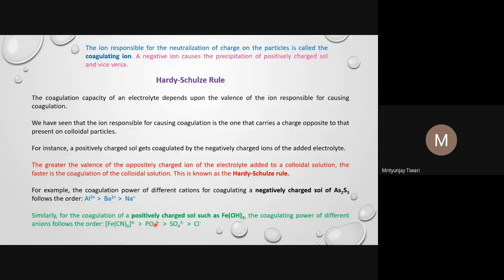Then the phosphate ion, having 3 minus charge, and then the sulfate with 2 negative charge, and least will be the chloride. These ions follow this order because of the charge they carry: this has 4 negative, this 3, this 2, and this one has 1 negative charge, so valency also changes accordingly. This has the highest valency, then this one, and this one. The ion with higher valency has more coagulation power, and this is the Hardy-Schulze rule.